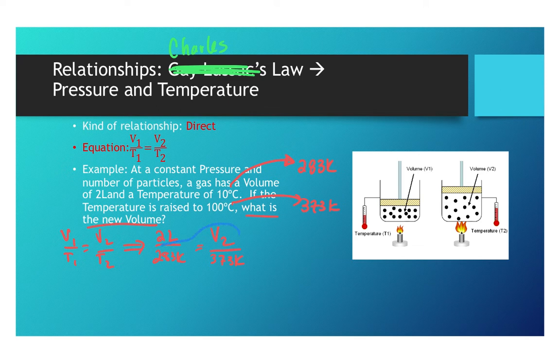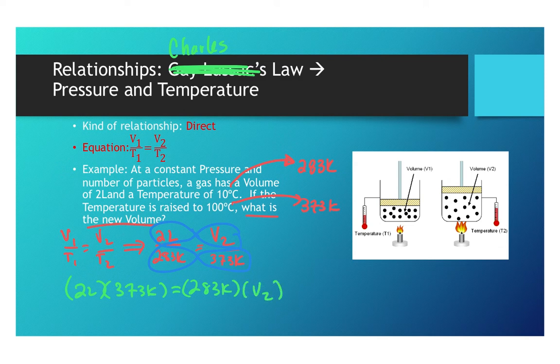Okay, so just like before, the easiest way to solve this is going to be for us to cross multiply and divide. And so we'll go ahead and do that. If I do that, I get 2 liters times 373K equals 283K times V2.